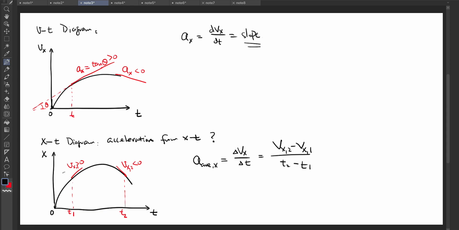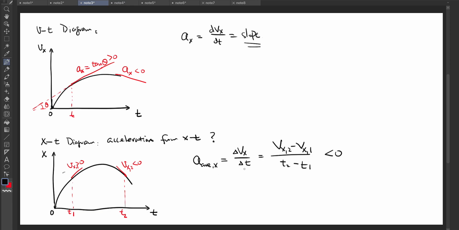At least I know this Vx2 minus Vx1 is negative. So the average acceleration in this time interval should be negative, meaning the average acceleration is pointing to the left, to the negative x-axis.